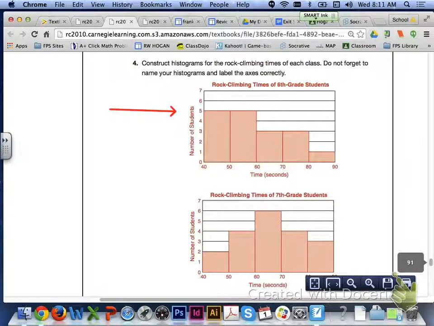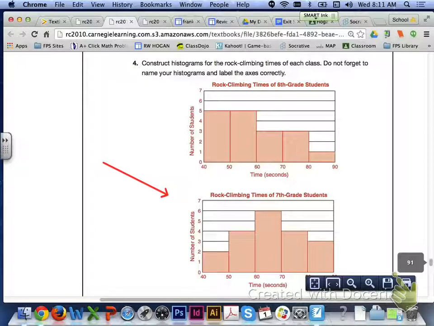Let's look first at the histogram that you had to construct for the 6th grade students. If we notice, we have the correct title, Rock Climbing Times of 6th grade Students. We have our axes labeled correctly with number of students and time in seconds, and we have our intervals that we have also listed for the number of students and the time in seconds for the histogram.